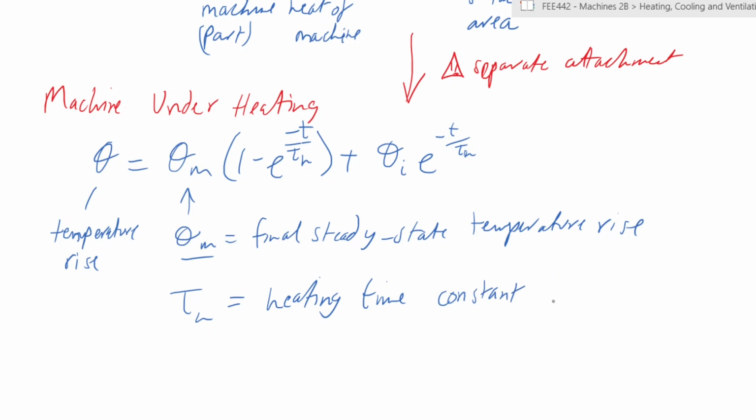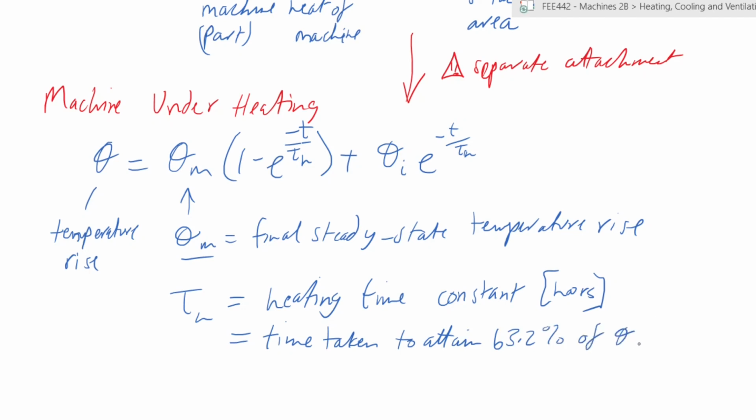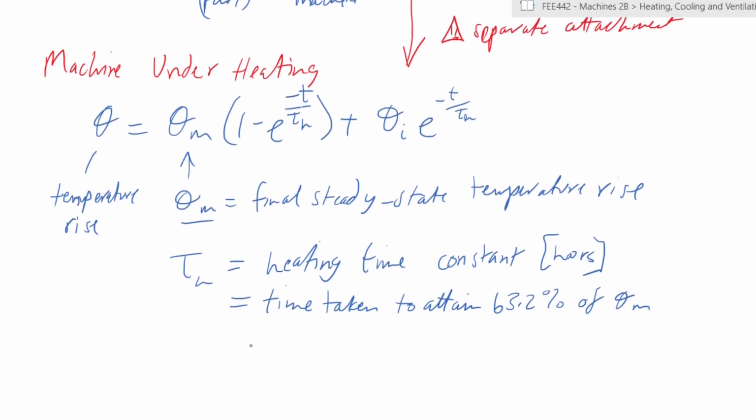The heating time constant, which is a time period in hours, is the amount of time taken for the machine to rise to 63.2% of its final steady state temperature. So it is the time taken to attain a temperature that is 63.2% of theta m, the final steady state temperature. And it is given by GCP over surface area times emissivity.